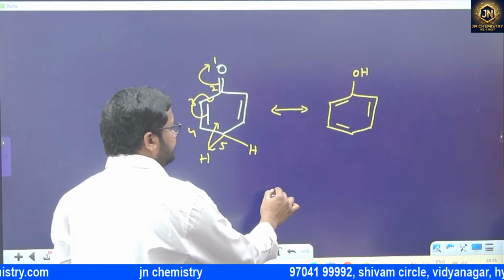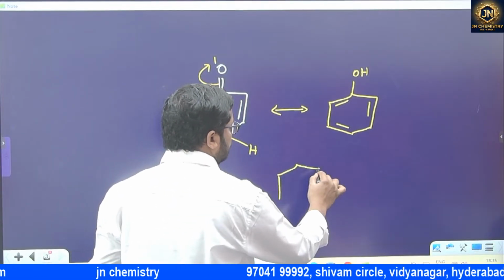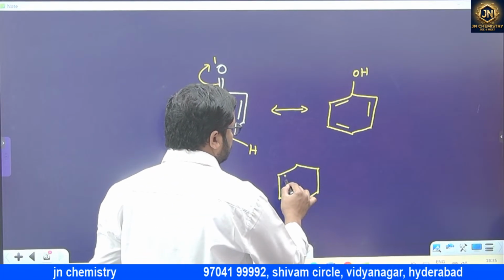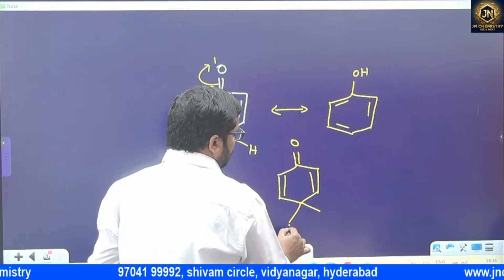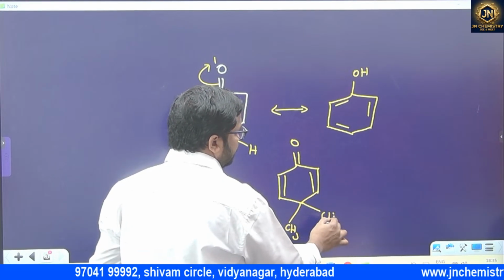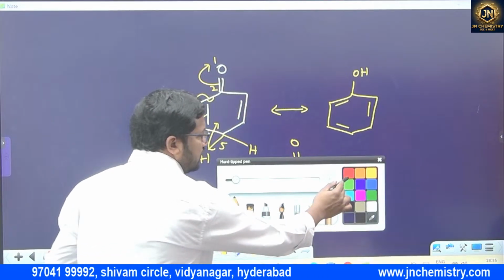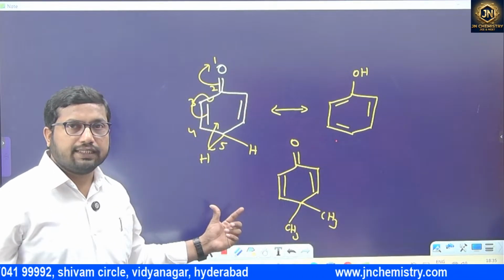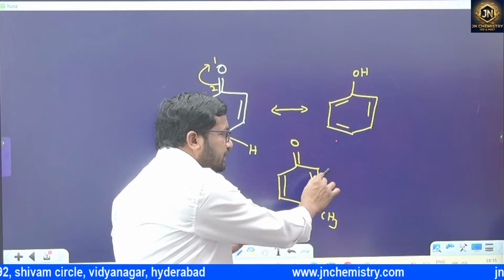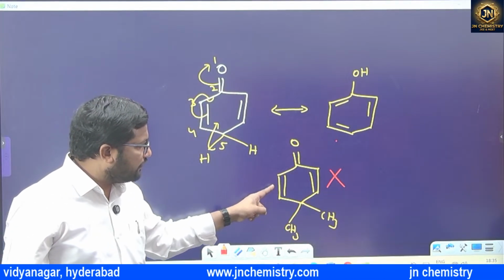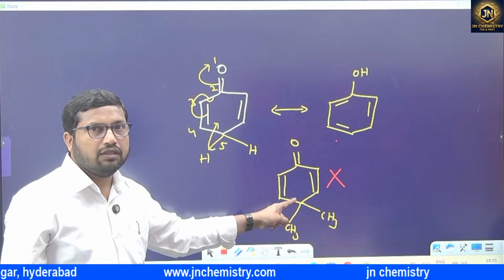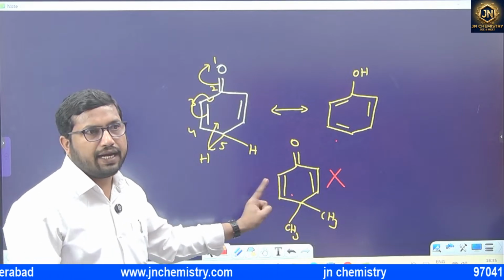For example, in this case, with methyl groups which I am adding, is keto-enol tautomerism possible or not? It's not possible. Why? Because at positions 1, 2, 3, 4, fifth, it doesn't have any hydrogens.